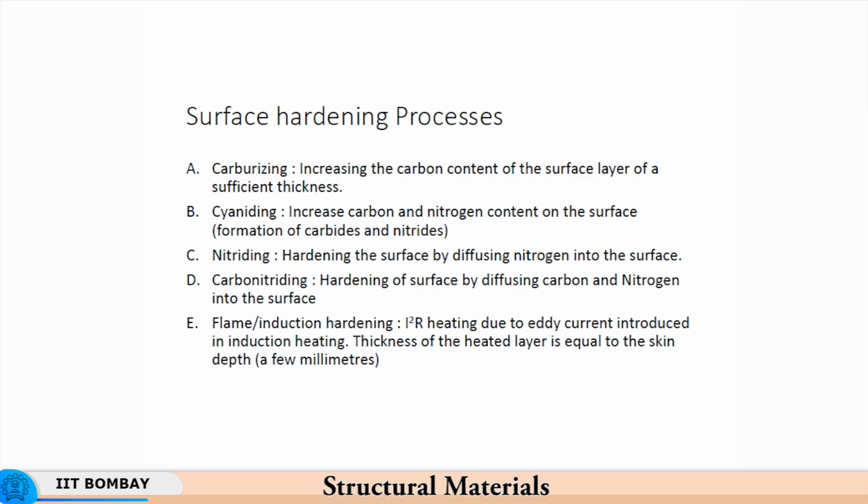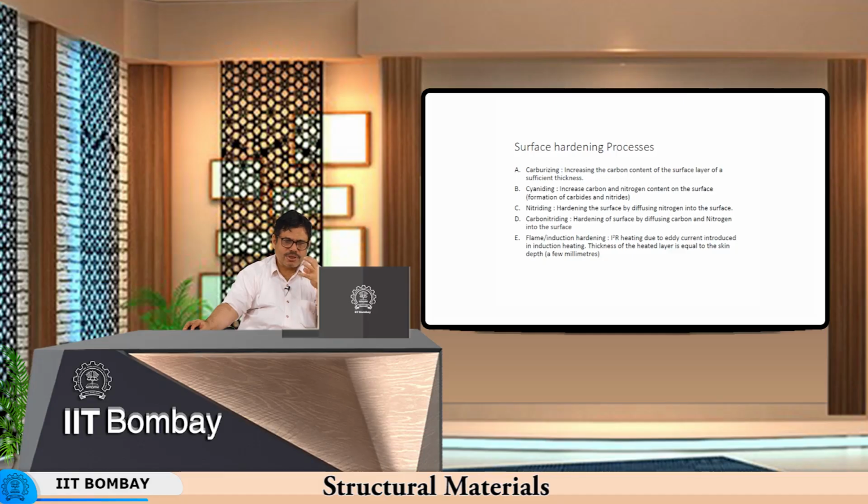So, you have I2R heating or eddy current heating on the surface up to a certain depth, okay. And then when you quench that part, you have a very high hardness on the surface.